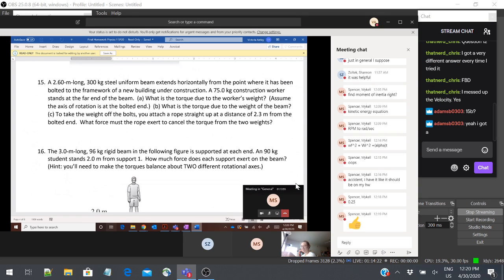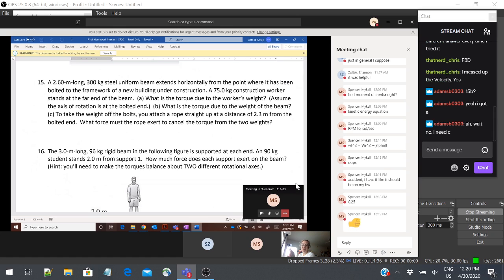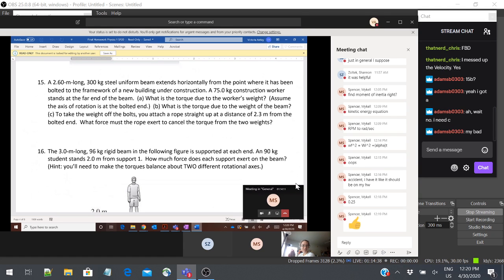So it's very much like dangling a lot of weight on that bolt, with a construction worker standing at the end of the beam. Okay, so you got your torque due to the worker's weight. So how did you do that? What you probably did, you got A and B. I was going to say, how can you get A and not B? Okay.